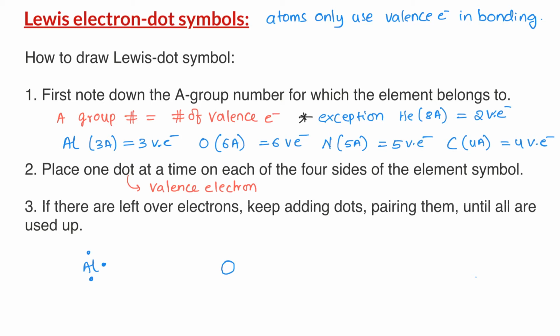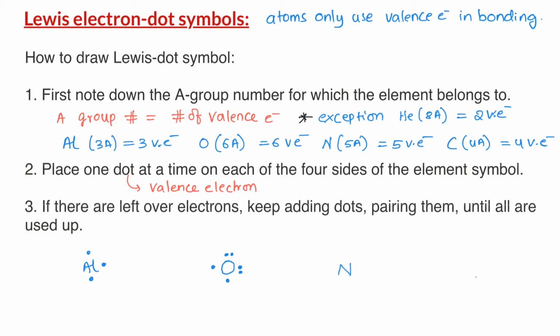First, I place one dot at a time on each of the 4 sides of the element symbol. I have 2 more electrons. I keep adding the dots and pair them. So at the end, I have 2 pairs of electrons and 2 single electrons.